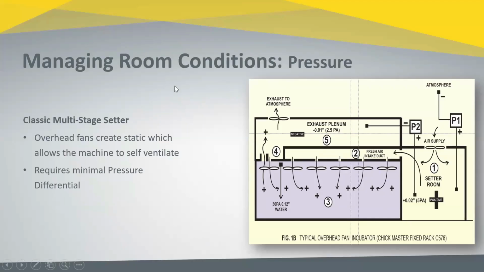So when we look at a classic machine, the illustration here shows a side view of the classic incubator. And you have the 6 overhead fans on our C540 or C576 machine. What you recognize is the fresh air duct, which allows air from the room to enter the machine.